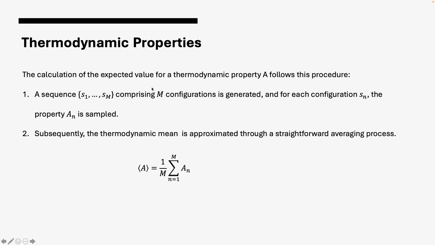The calculation of the expected value for thermodynamic property A follows this procedure. First, a sequence comprising M configurations is generated, and for each configuration Sn, the property An is sampled.